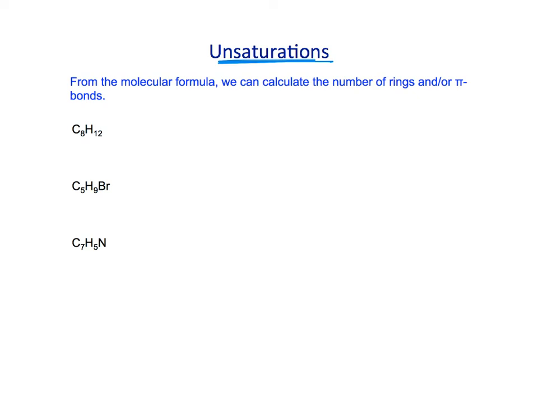There are two ways I'm going to show you to do this. The way the text does it is to take the formula, look at the number of carbons, and calculate the maximum number of hydrogens. What's the formula for the saturated hydrocarbon? They'd say C8, and the maximum number is 2n plus 2: 2 times 8 is 16, plus 2 is 18.